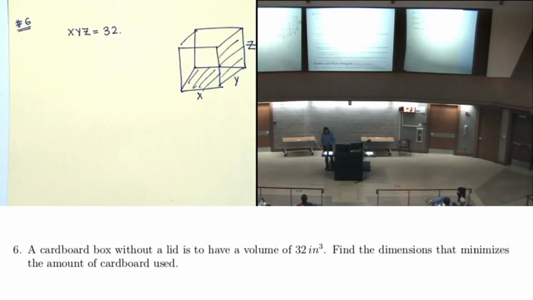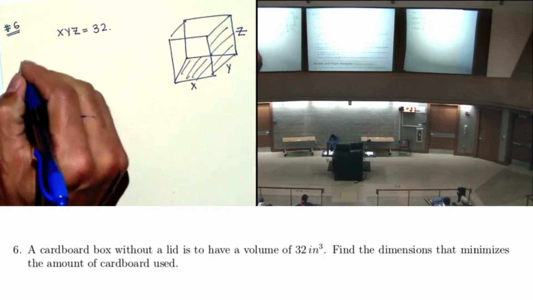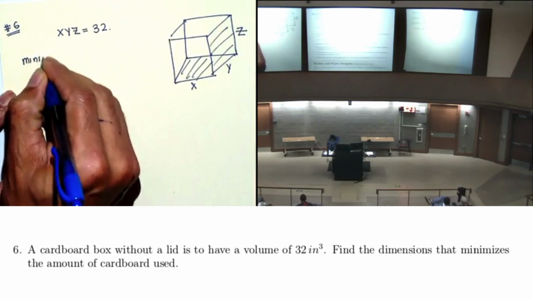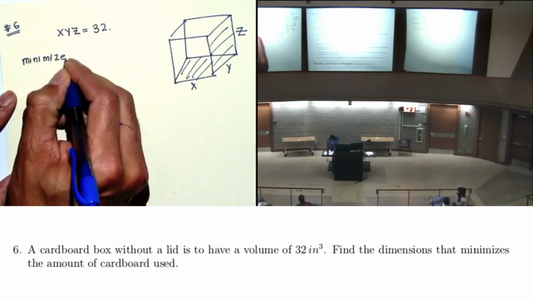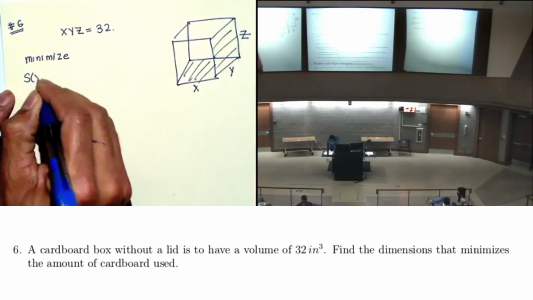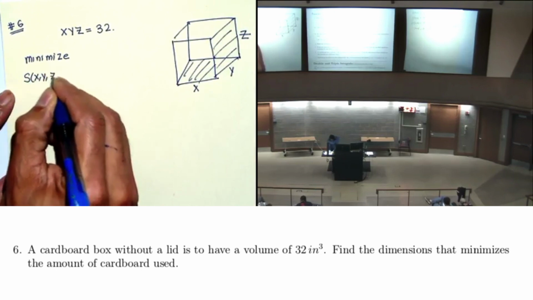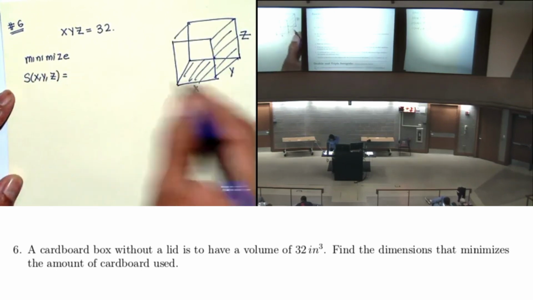We want to find the dimensions that minimize the amount of cardboard used. The amount of cardboard is the surface area of the box, so we want to minimize the surface area S, which is a function of X, Y, and Z.